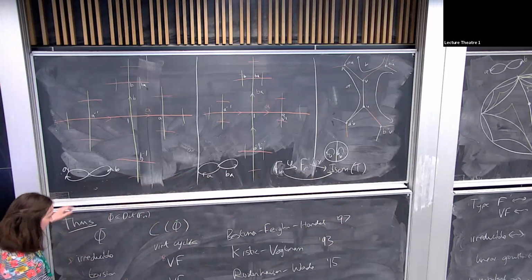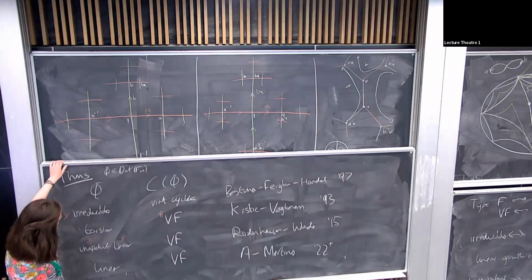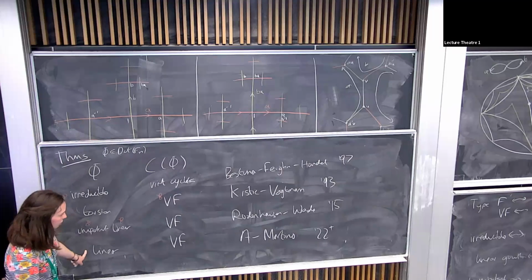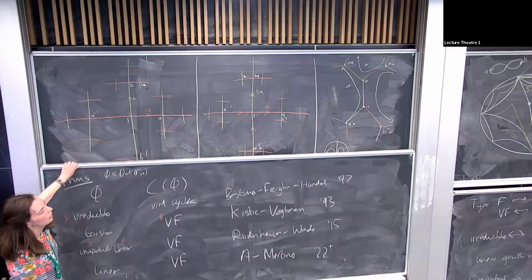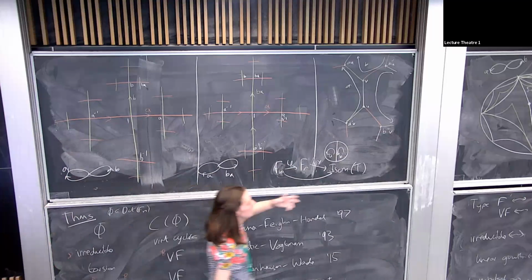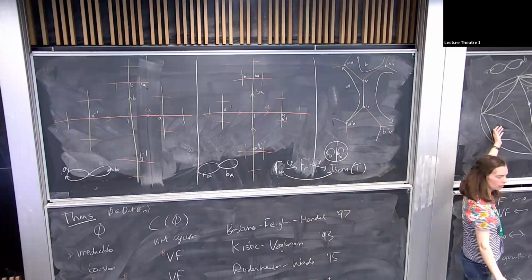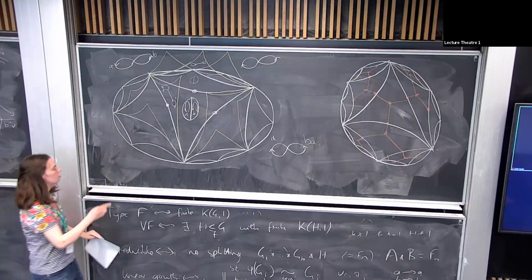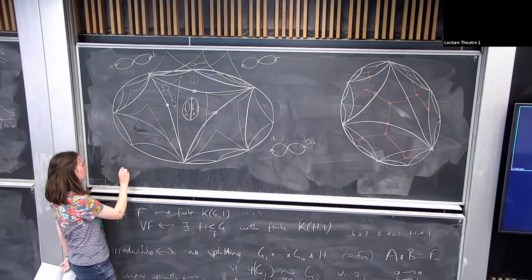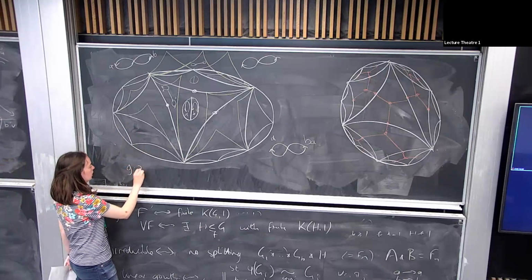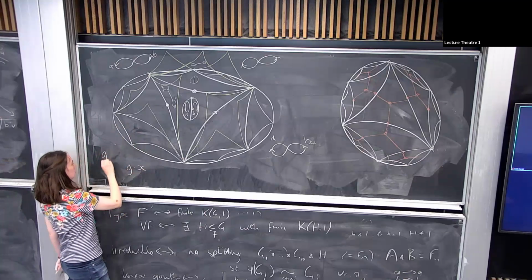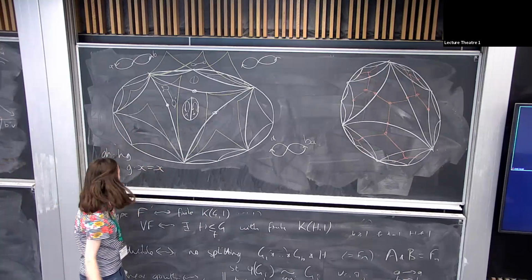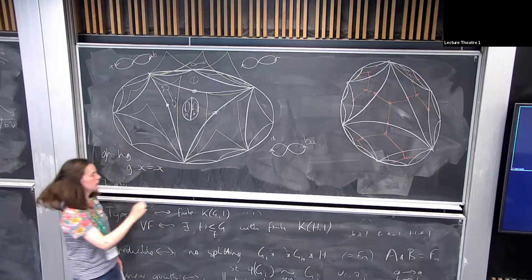So I will say, maybe out loud, a few words about how this proof goes, and then a few words about how our proof goes. To understand Out(FN), you can think about this whole space. To understand centralizers in Out(FN), you can use the fact that if you have an action on a space, GH equals HG, and you have a fixed point, then the H's play nicely with the fixed points.